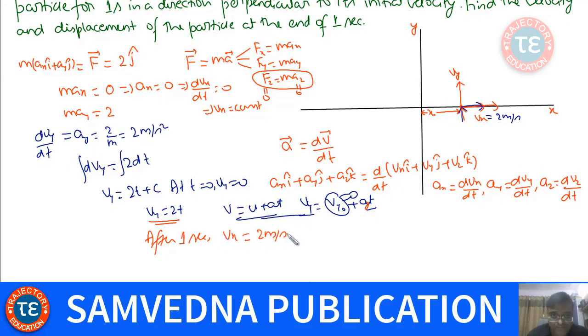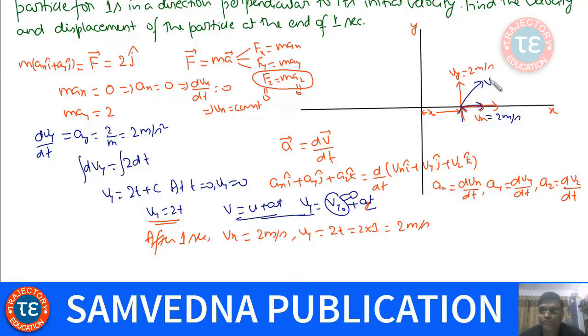After 1 second, of course your Vx will remain 2 meter per second. Your Vy will be 2t, that is 2 into 1, 2 meter per second, not square, 2 meter per second. So your Vx is 2 meter per second and Vy also 2 meter per second.